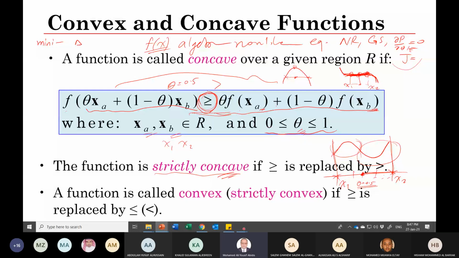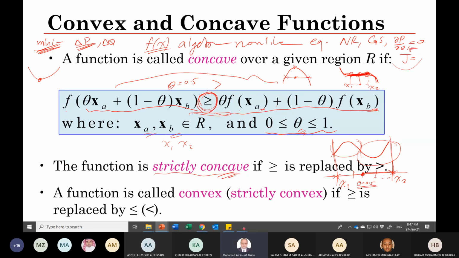You are minimizing the mismatch, the error delta P and delta Q. So this is your objective, to minimize the mismatch between the generation and the load. So in this case, you have a minimization problem, so you are searching for a point here. So it is a convex problem.